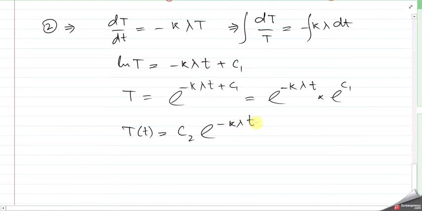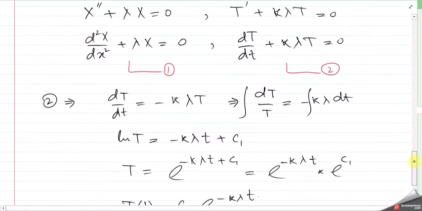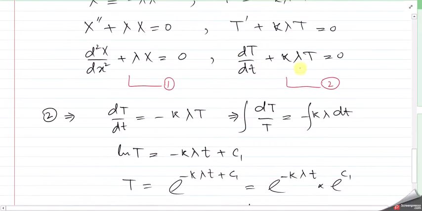So that's the solution of our second equation, the one in t.